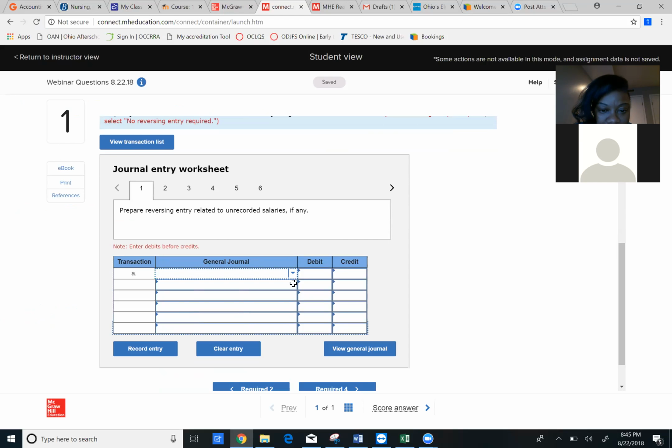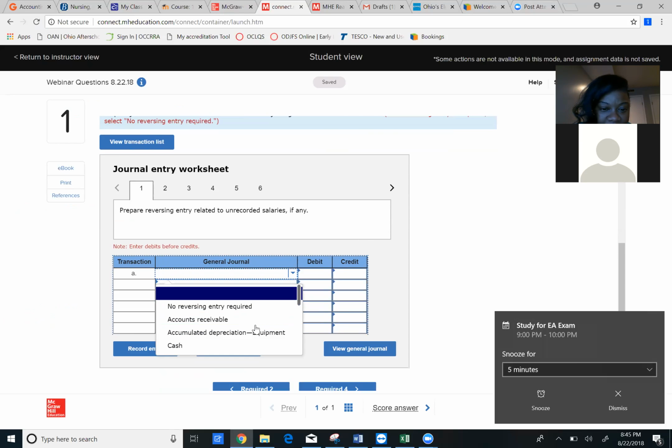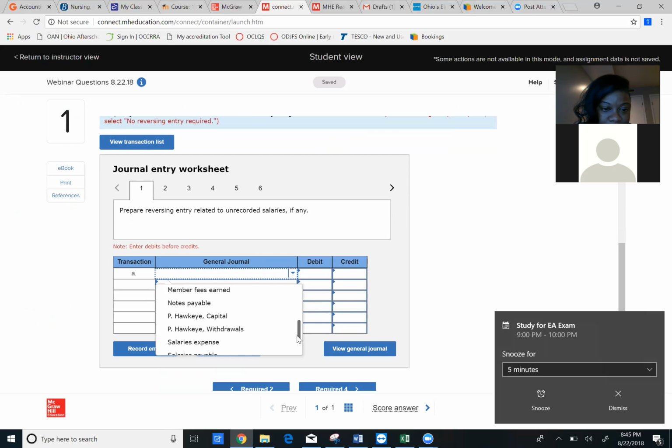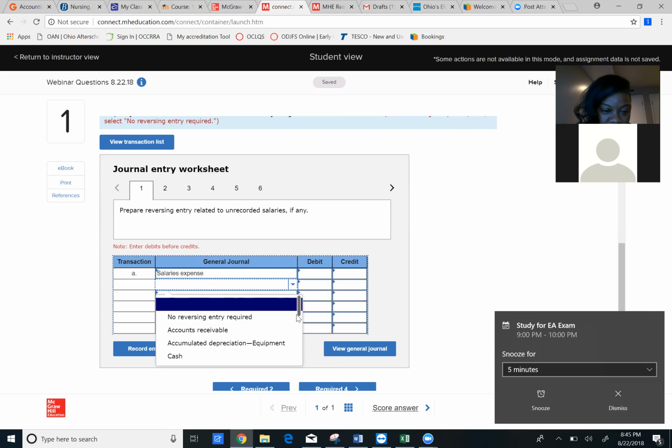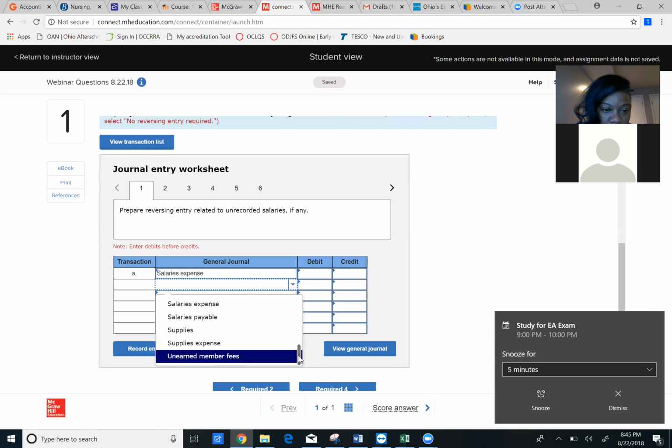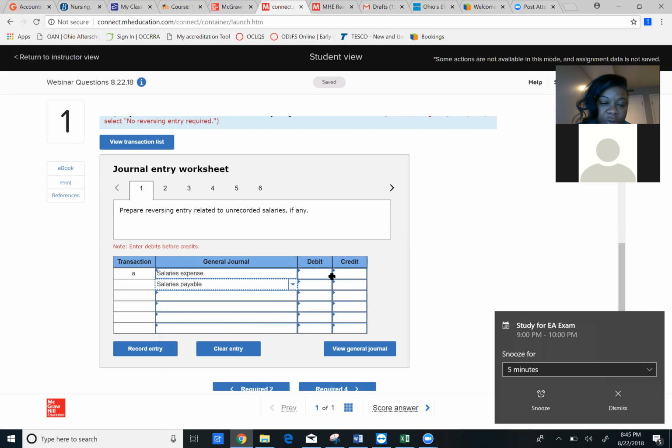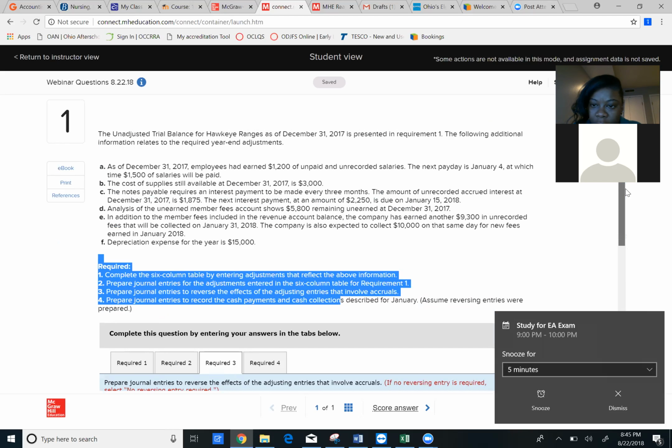So we did a debit to salaries expense, and we did a credit to, let me see if wages payable is an option. Okay, salaries payable is an option. So we're gonna do salaries payable. And the amount is $1,200. Make sense? Yes. Okay, let me check my work because I like to just make sure.